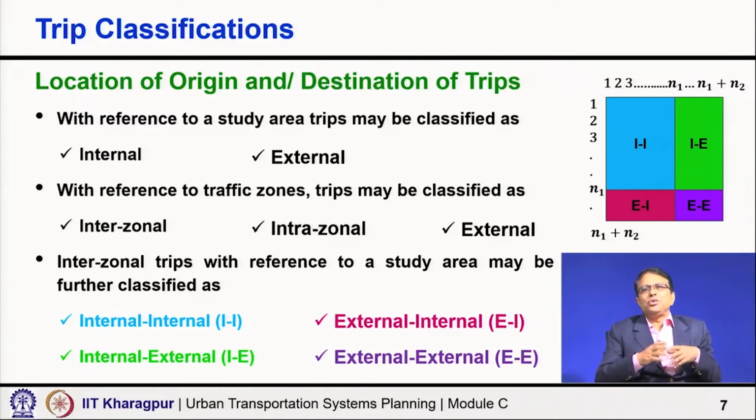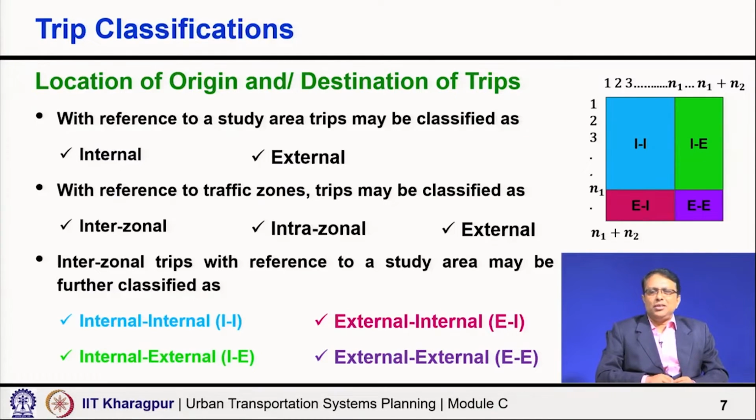Similarly, with reference to a zone boundary also, what is happening within the zone is internal, anything happening outside is external. That is a simple way, internal, external. We can also look at it with reference to traffic zones, then trips may be classified as interzonal, intrazonal and external.